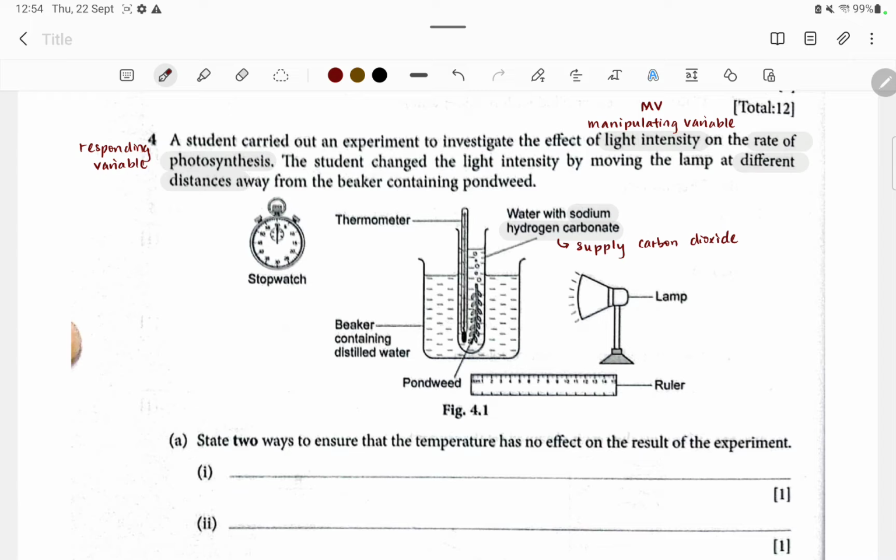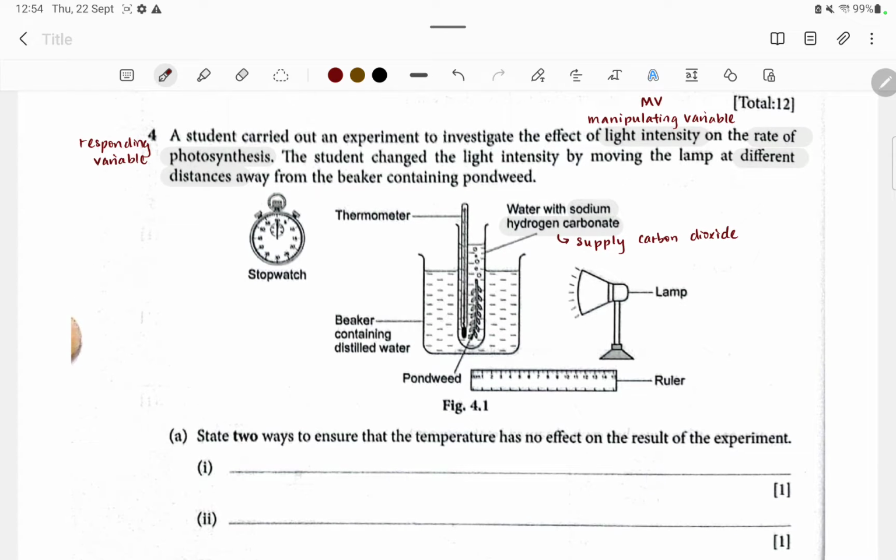Okay, let's look at A. State 2 ways to ensure that the temperature has no effect on the result of the experiment. Okay, they don't want the temperature to be one of the manipulating variables.